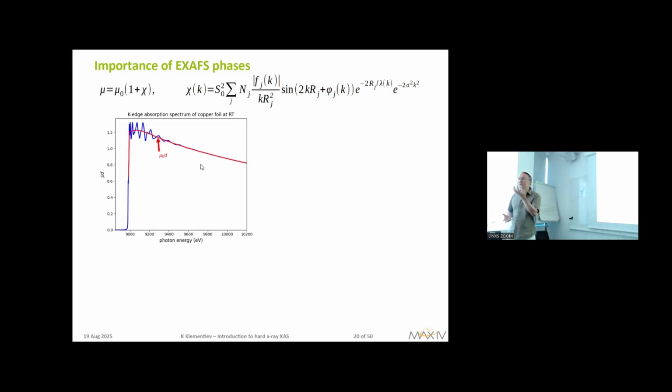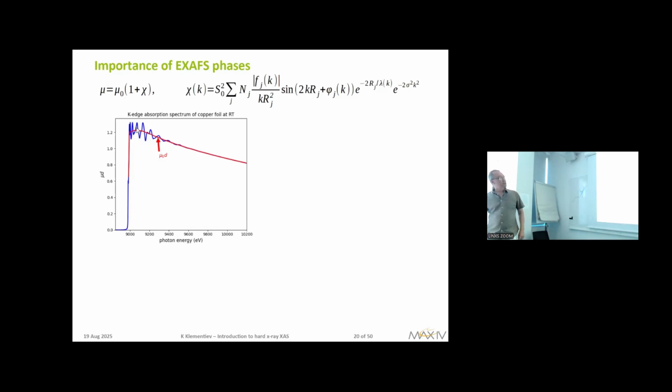Copper gas does not exist at reasonable pressure, so we can't really experimentally measure single atoms of copper in absorption spectroscopy. We can only measure foil or whatever. Maybe liquid if we go very high in temperature, but not single atoms. So this mu 0 we can't measure experimentally.